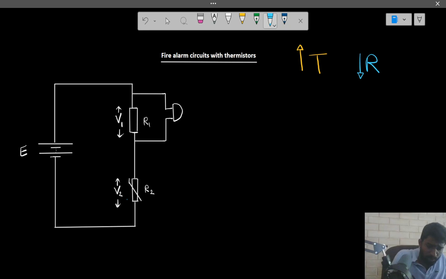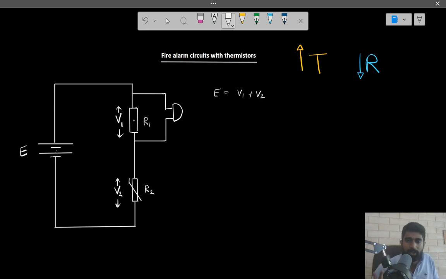You already know this equation: E can be written as V1 plus V2, because the cell is the energy supplier, and the resistor and the thermistor are energy consumers. They will consume the energy supplied by the battery, so at the end they should be equal.